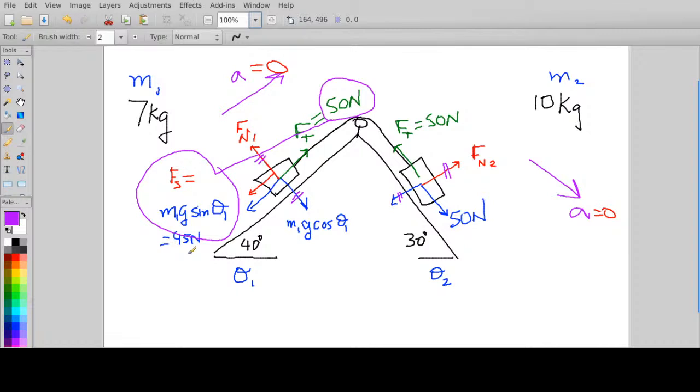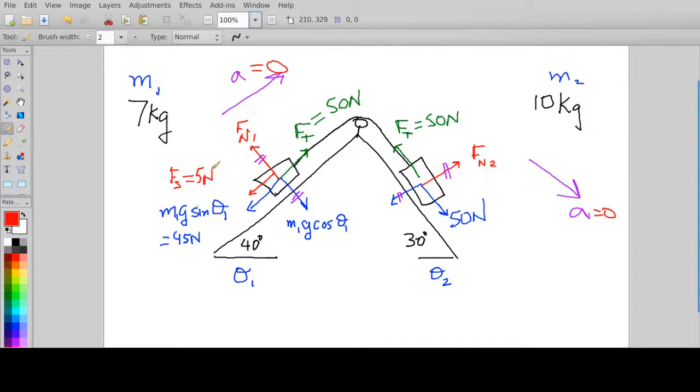And you wonder, where do those 5 more newtons come from? And that's the friction. So the friction is combining with the parallel part of the gravitational force downhill, and the two are competing against the 50 uphill. And so you can conclude that Fs here has to be 5 newtons.